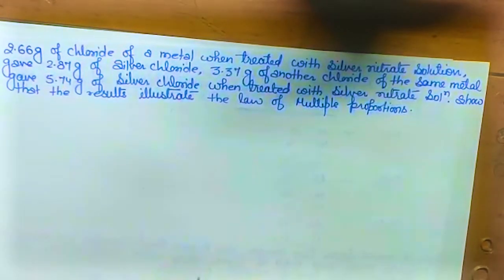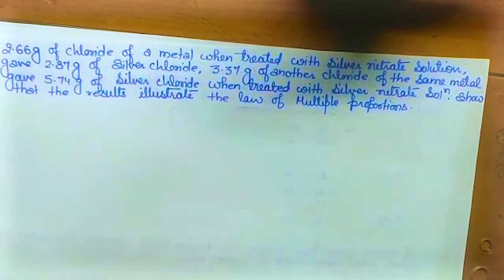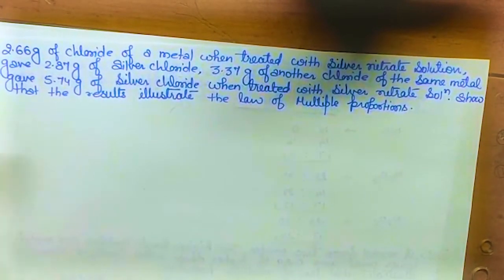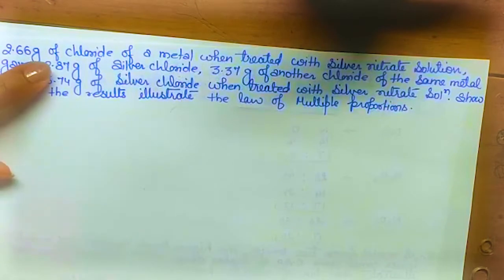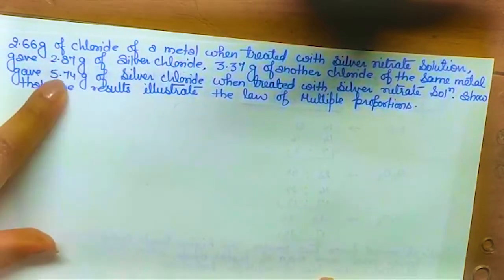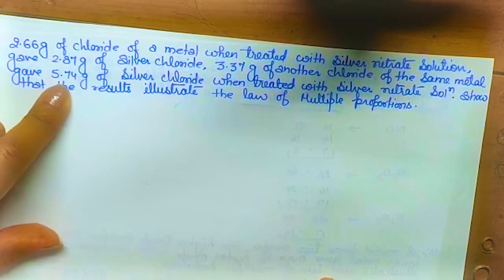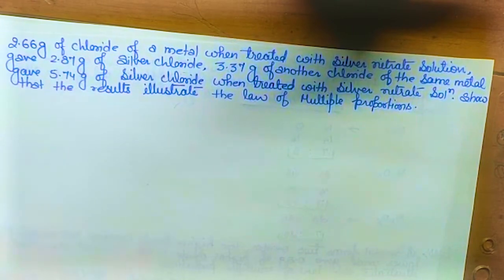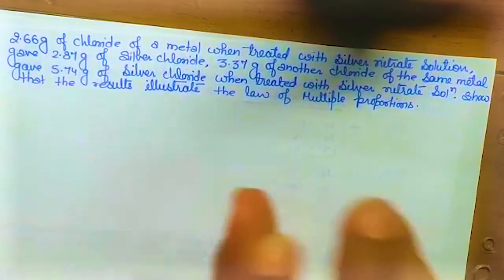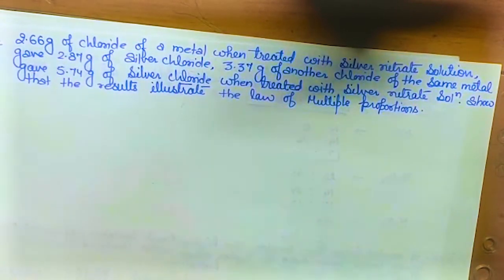That means we are getting the silver chloride by two reactions. In one reaction, I am getting 2.87 gram, and in the next case, I am getting 5.74 gram. Isn't it clear?